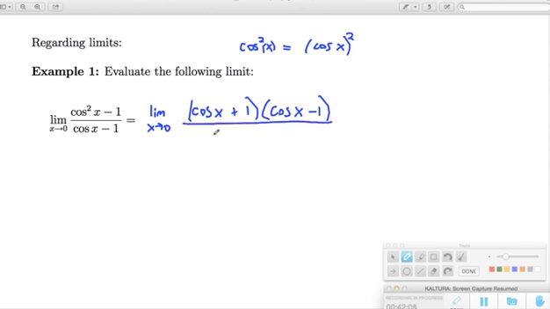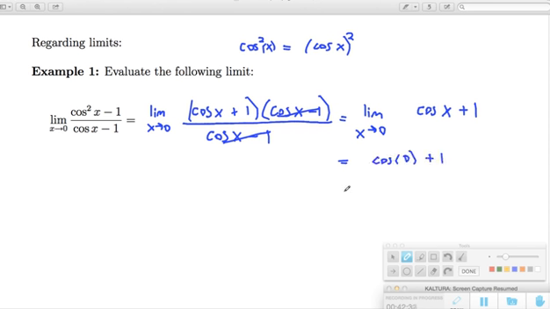And you can go ahead and divide this by what was there originally, cosine x minus 1. Well, then cosine x minus 1 cancel. You get the limit as x approaches 0 of cosine of x plus 1. And again, you can plug in for 0 now. Cosine of 0 plus 1.